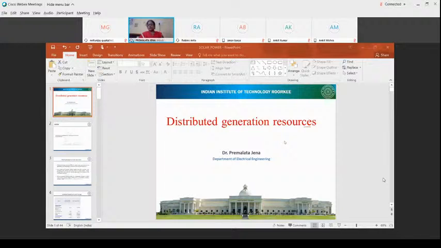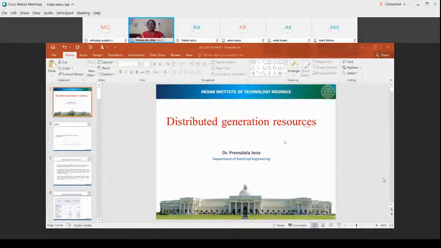We call it DGR, or sometimes distributed energy resources, DERs. According to the IEEE standard, we also call it DERs. D stands for distributed, E stands for energy, R stands for resources.